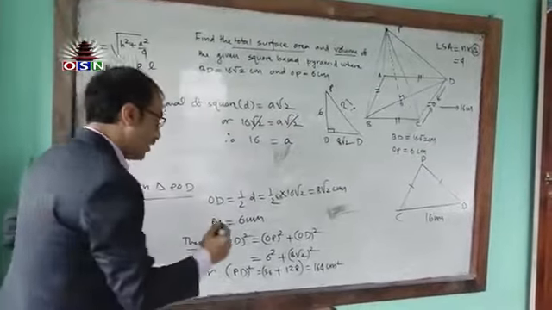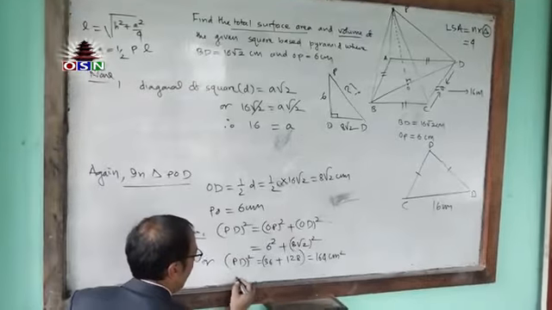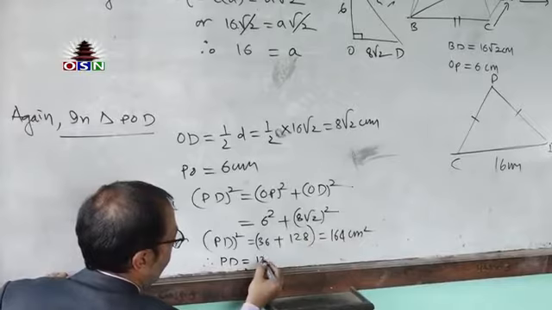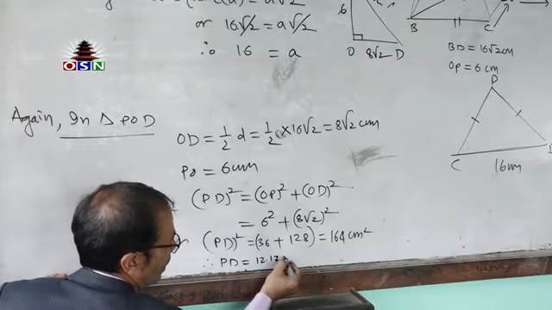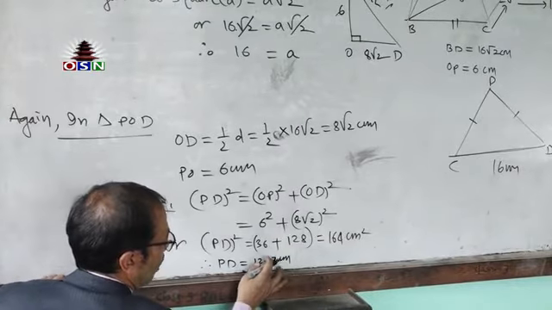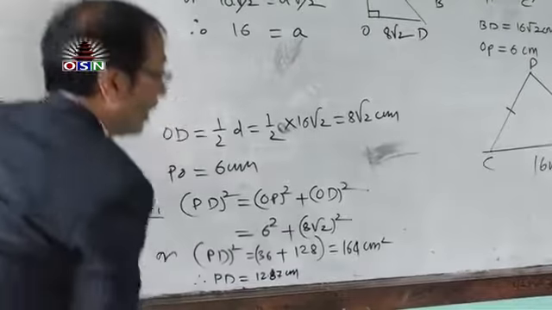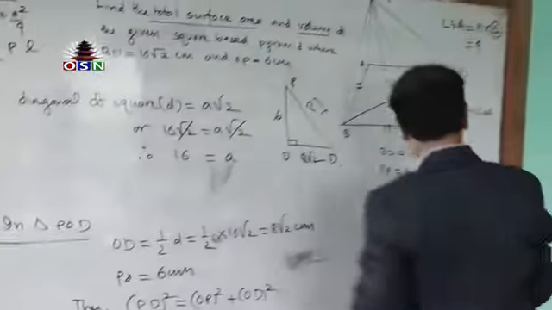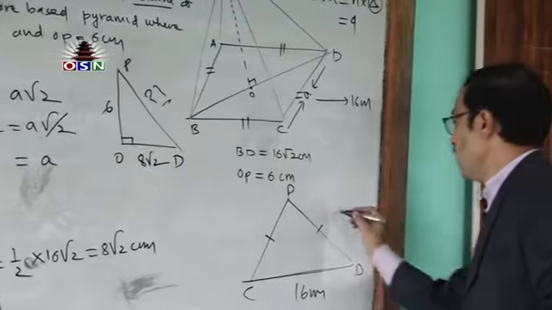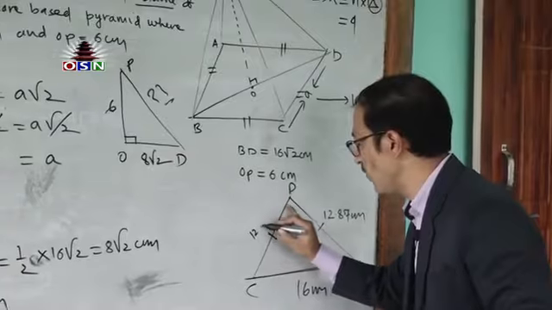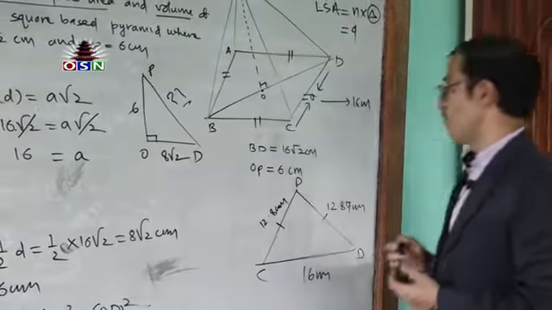Then you can find the square root of PD square. Here we will get PD equal to 12.87 centimeter. This is also 12.87 centimeter.